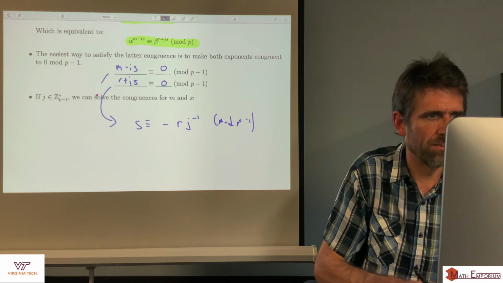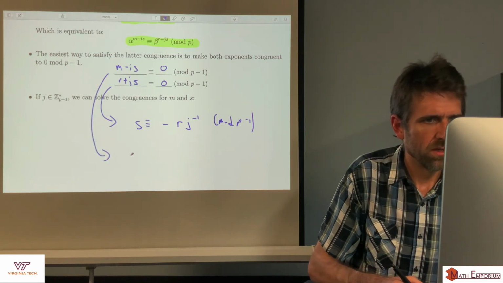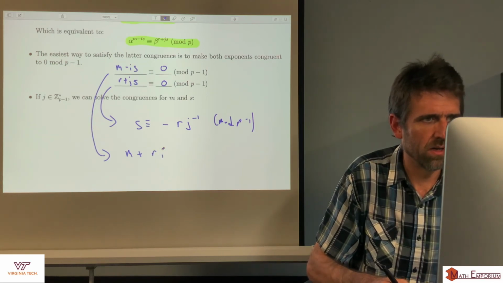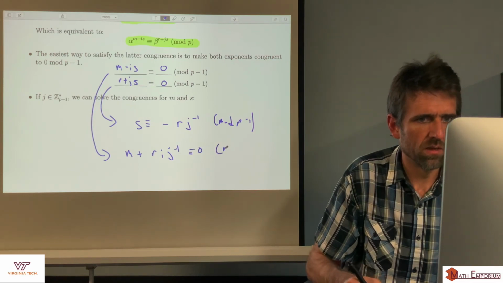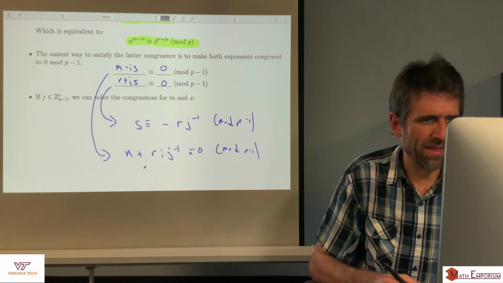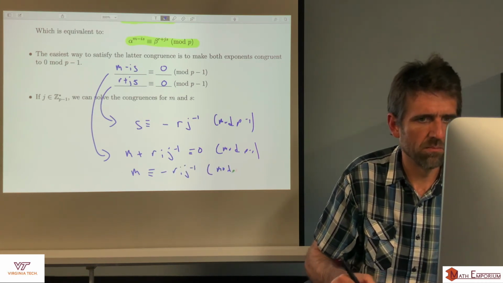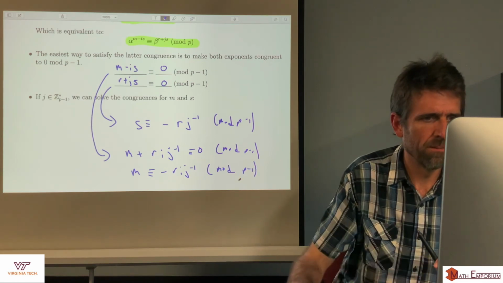So this one becomes m plus minus r ij inverse. But then I want to solve it for m, so that would be minus r ij inverse mod p minus 1.